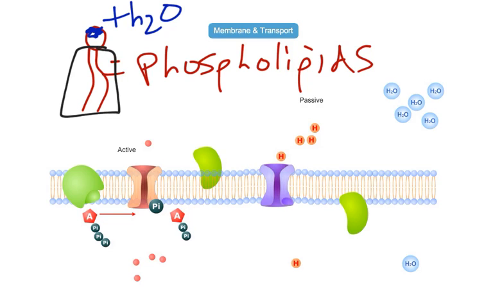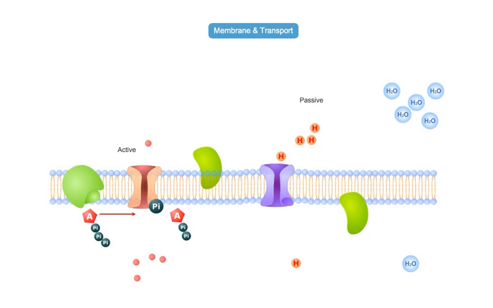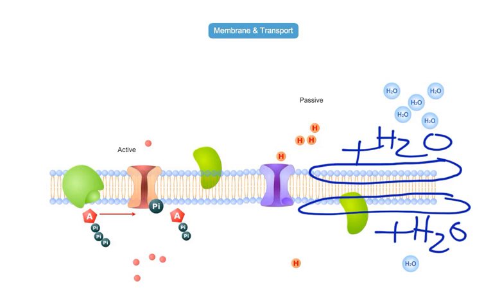This section down here does not like H2O. It is hydrophobic. So you have hydrophobic down here and hydrophilic up here. That's what gives a unique characteristic to the plasma membrane, because all on the outside of the membrane is water loving, and all on the inside of the cell is water loving because it's made up of water.